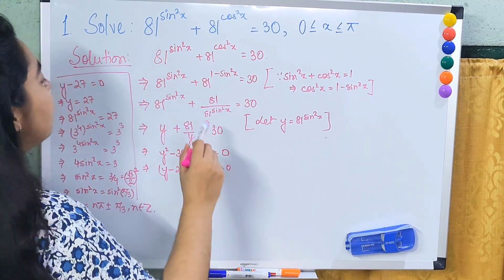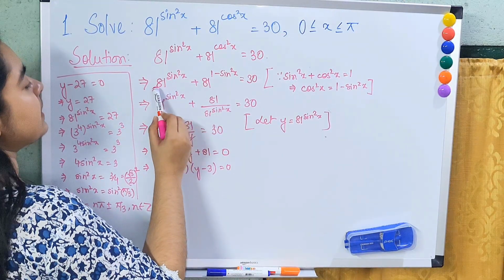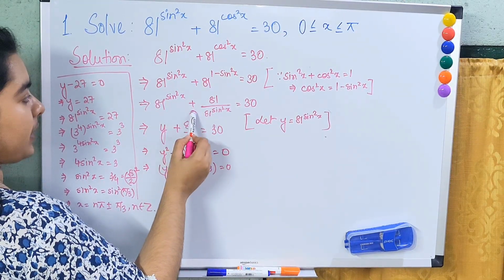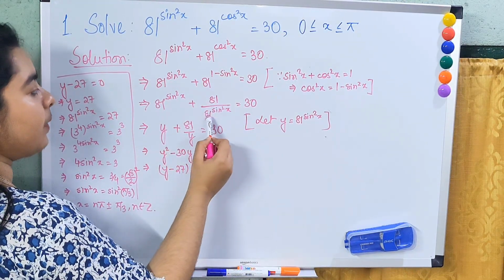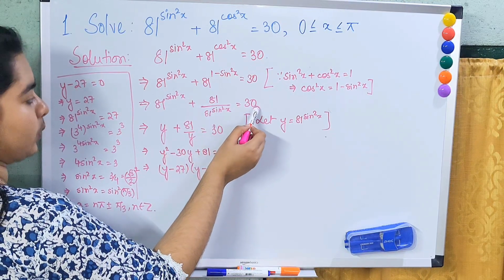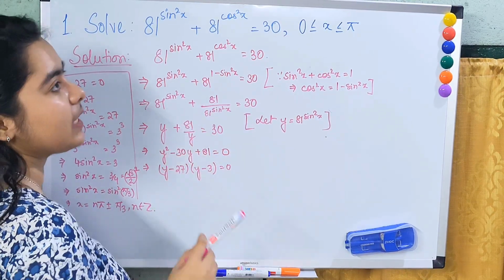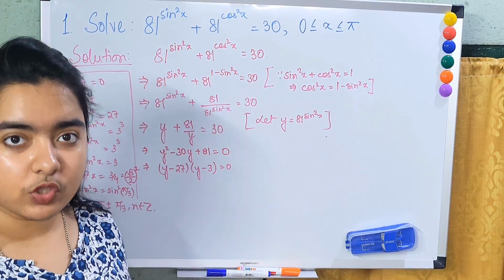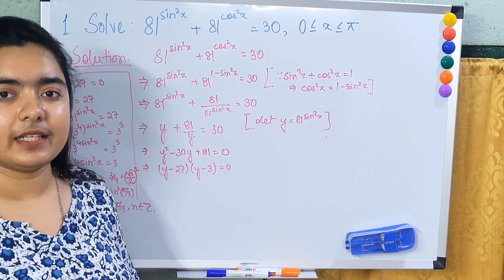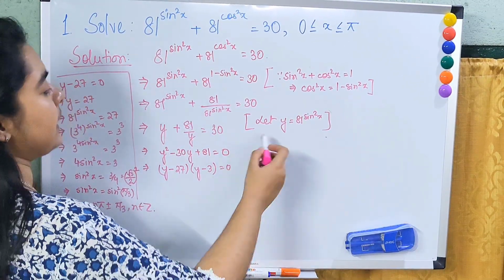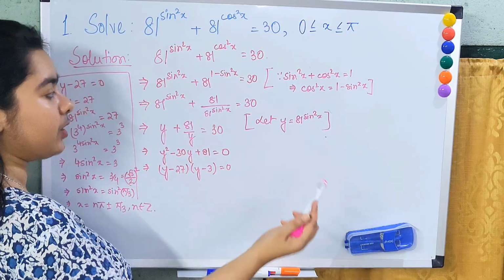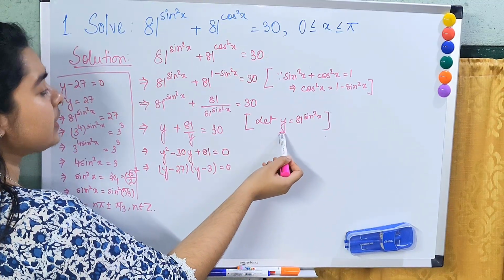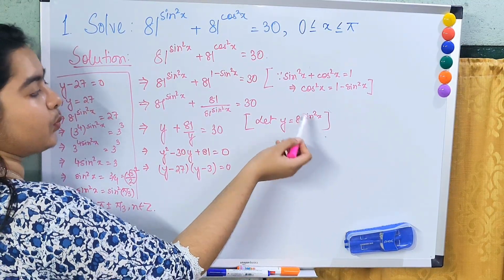Okay. So it can be written as 81 to the power of sin square x plus 81 divided by 81 to the power of sin square x is equal to 30. Now 81 to the power of sin square x is a very huge term and we have to write it every time. So we are taking it in a different variable, that is y. So we are replacing this whole term with y.